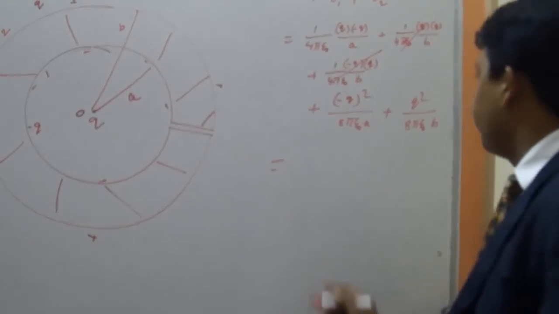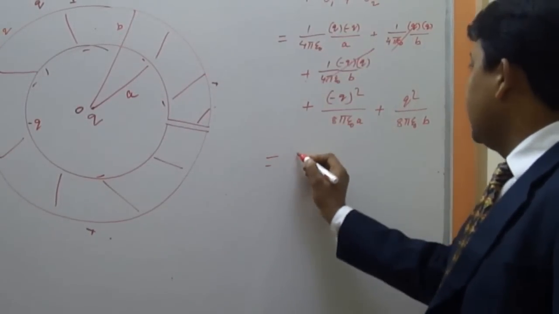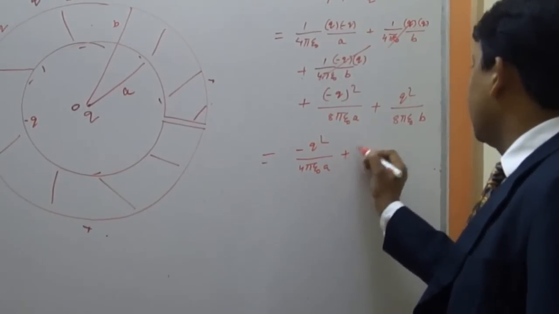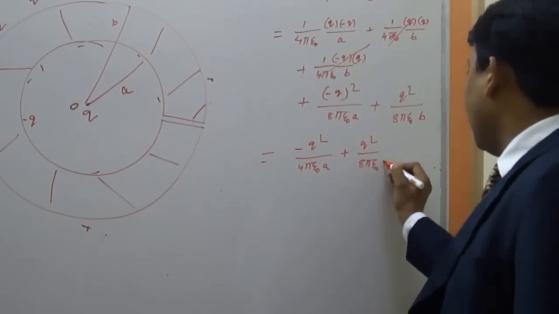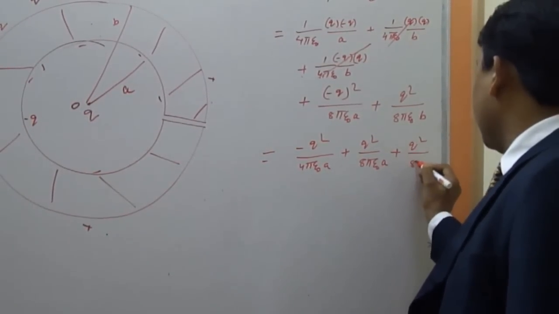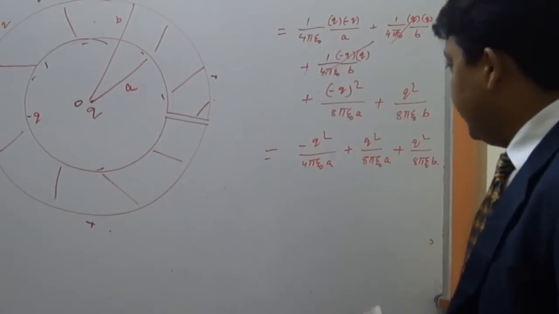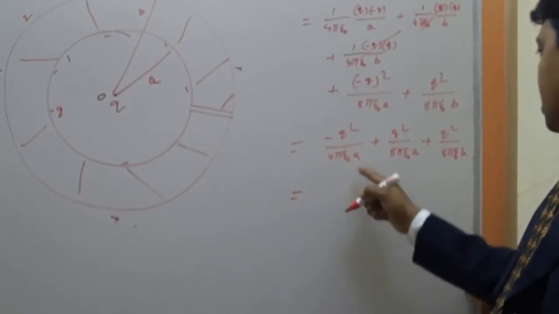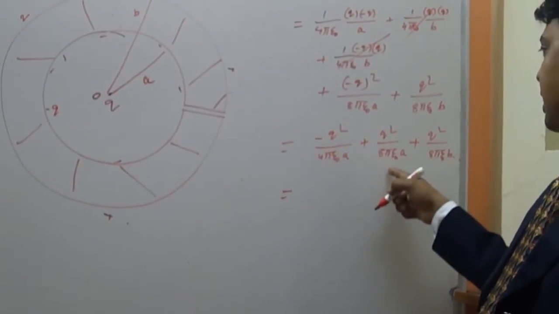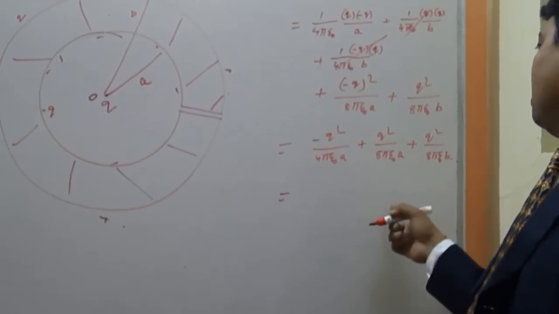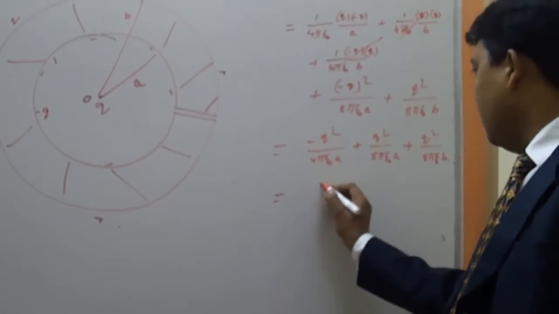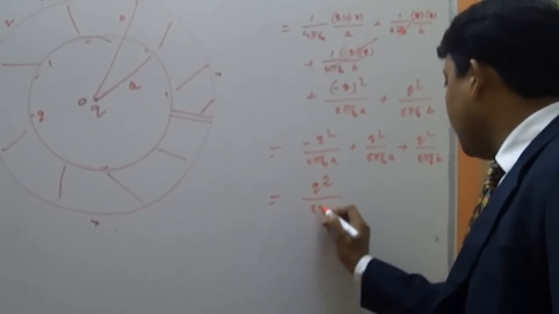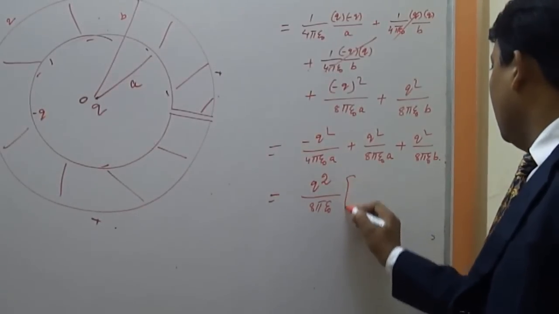So it will be minus Q square by 4 pi epsilon naught A plus Q square by 8 pi epsilon naught A plus Q square by 8 pi epsilon naught B. If I take Q square by 4 pi epsilon naught A common, it will be minus 1 plus 1 by 2, so minus 1 by 2. So it will be Q square by 8 pi epsilon naught, 1 by B minus 1 by A.